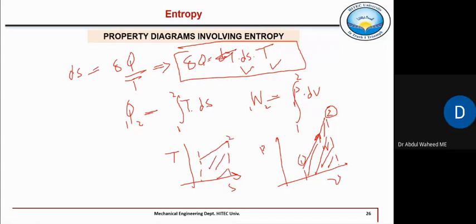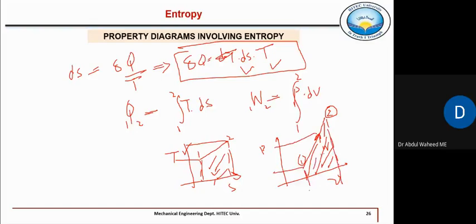This is from 1 to 2. Here is the temperature change, and here is the entropy change, right? So this side representing the temperature change, and this side is representing the entropy change. Just like here, this side is representing pressure change, and this side is representing volume change.